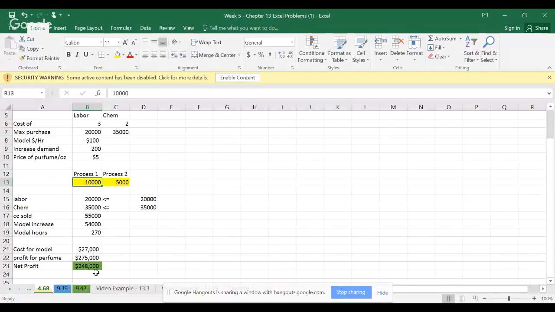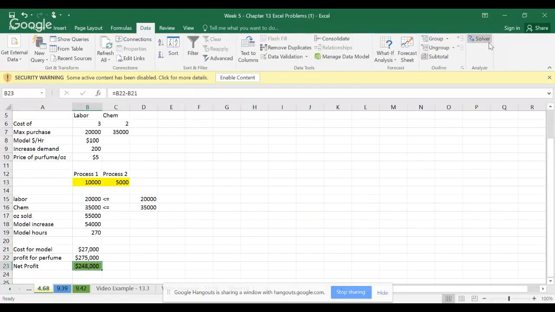Dalton, what do you have for processes 1 and 2? What do you mean, like labor hours and training? No, how much do you produce on process 1 and how much do you produce on process 2? Is it 10,000 and 5,000? No. His is different because his is looking at unit ounces produced, and I did by units produced.